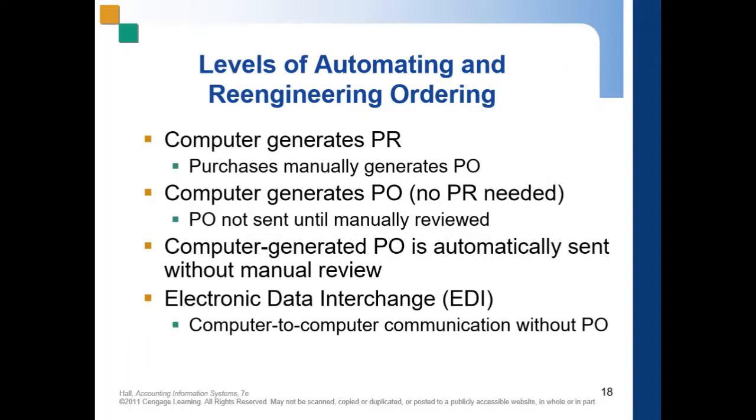Now we have different levels of automating and reengineering ordering. So remember here, what we are doing is we are automating or re-engineering the purchase and cash disbursement application. So specifically here is the ordering. So we have the computer already generates the PR.